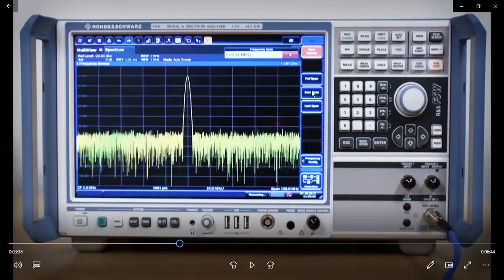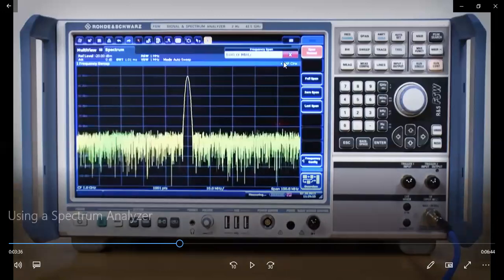Like if you want to see from 2 gigahertz to 3 gigahertz, then the center frequency will be 2.5 gigahertz. Then the bandwidth or the span will be 1 gigahertz. So around the center frequency, it will show the variations, power versus frequency, over the whole span.